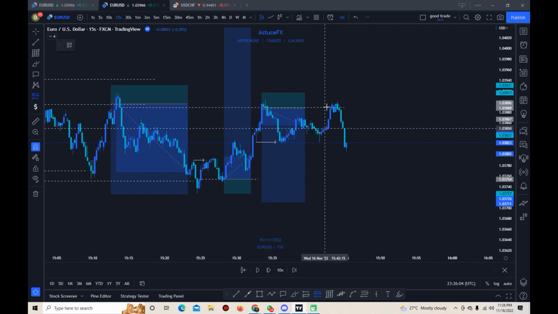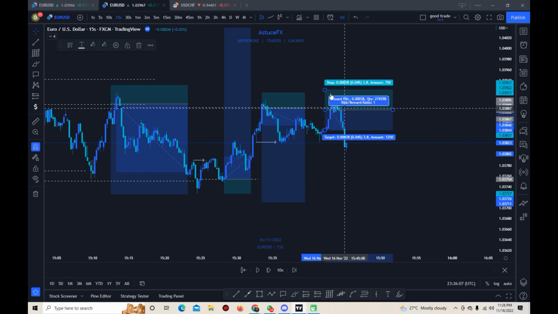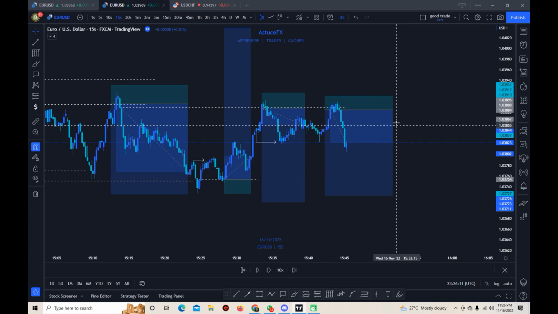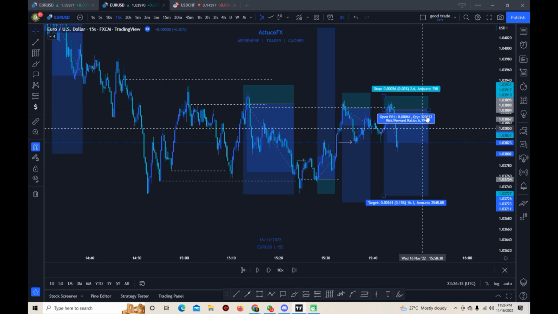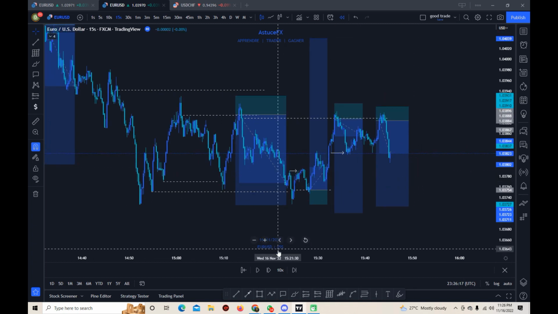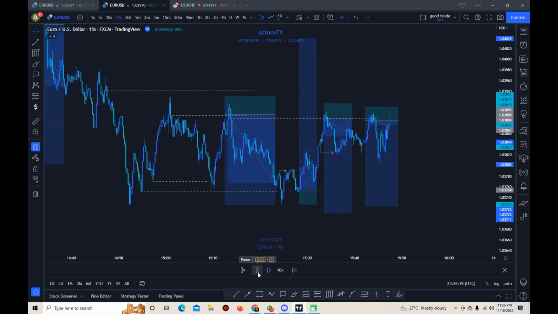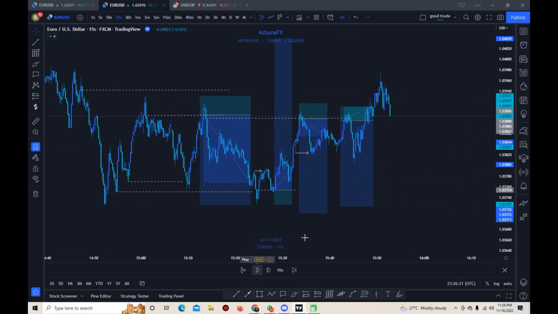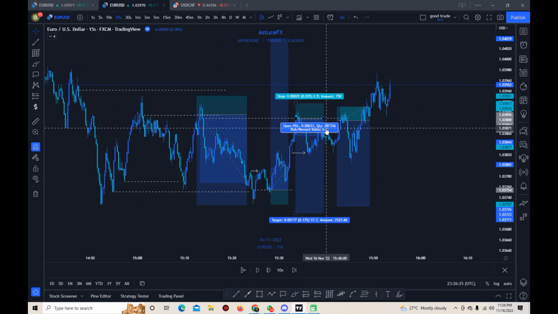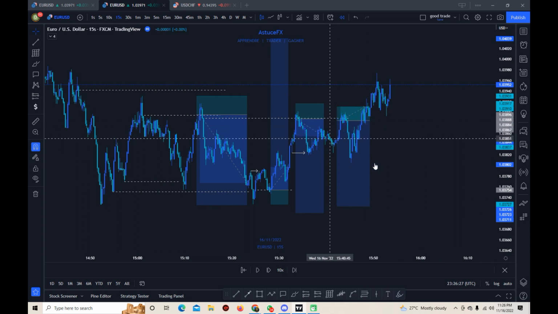Okay, this was the re-entry sell. From this re-entry sell, it went down. It gave me the time to take partials, because it broke this low, and put my stop loss maybe above this high or at break even before price actually went through the stop loss. This one was full TP taken, and this one was a break even scenario.